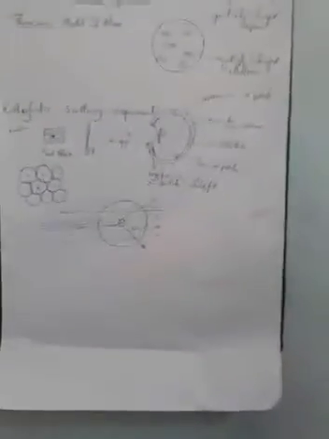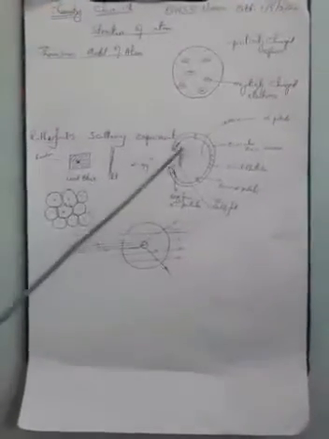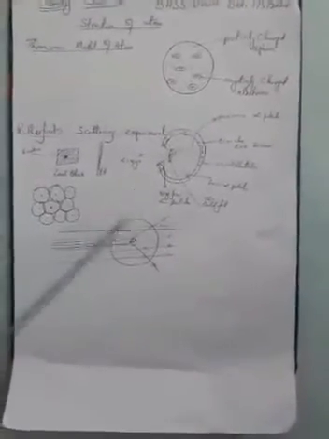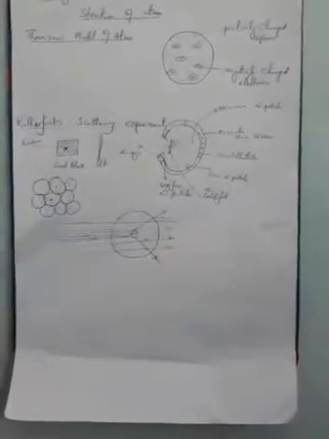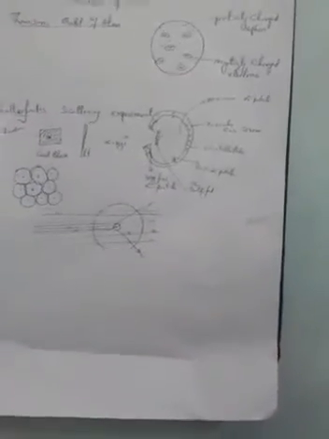Now, what he concluded from this experiment: we know that he took a thin foil of gold, and according to him, this foil consists of a layer of atoms, and he was of the opinion that there is hardly any space between the atoms in a layer through which these alpha particles could pass.